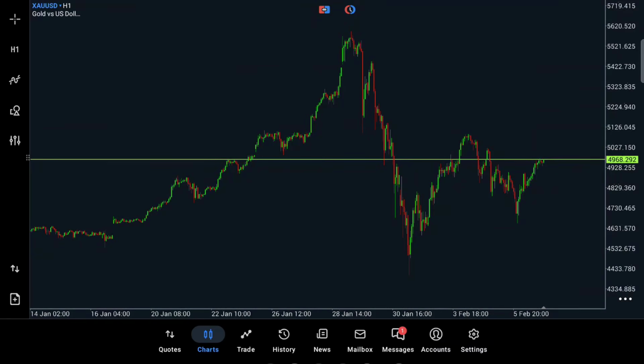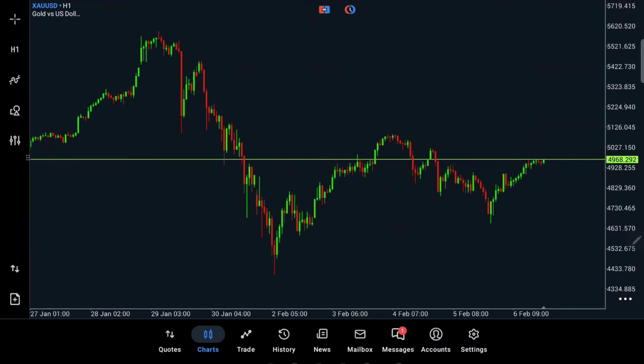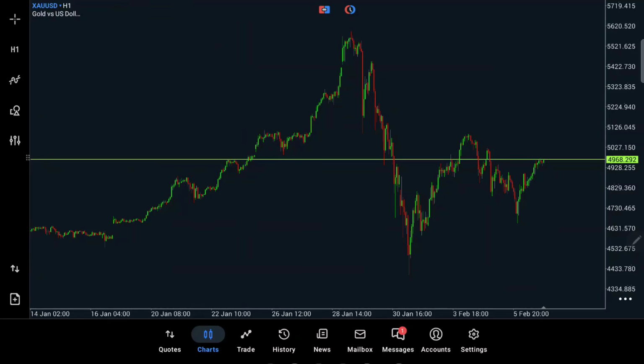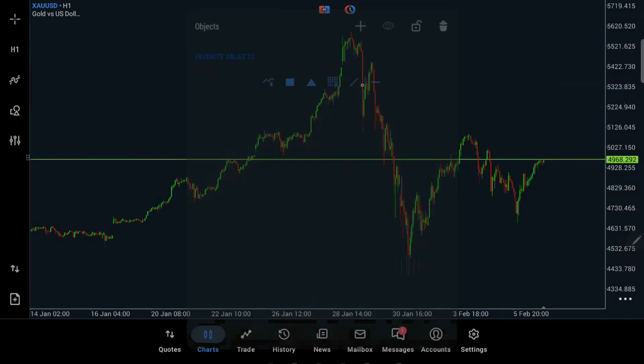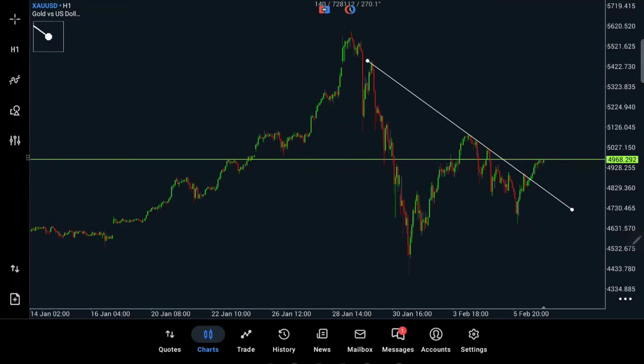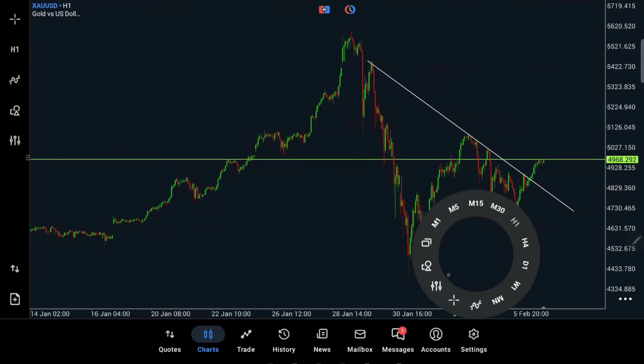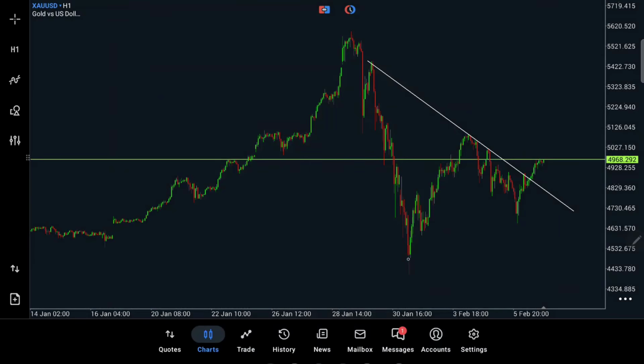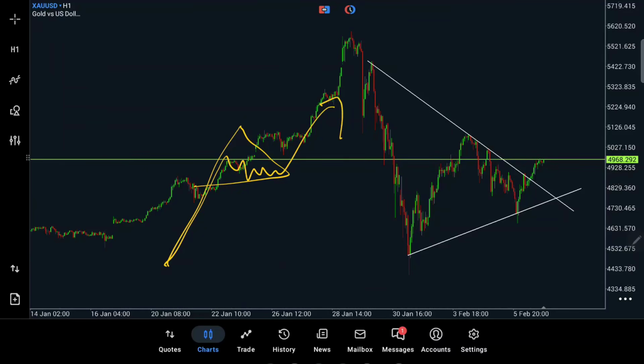As you can see there, in the H1 time frame let's check our trend line zone. We can easily see there is a pattern, a triangle flag pattern, so we can consider a buy over there.